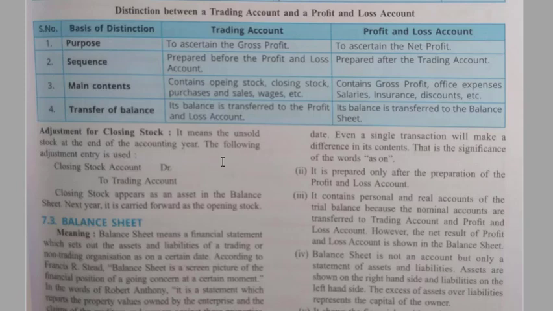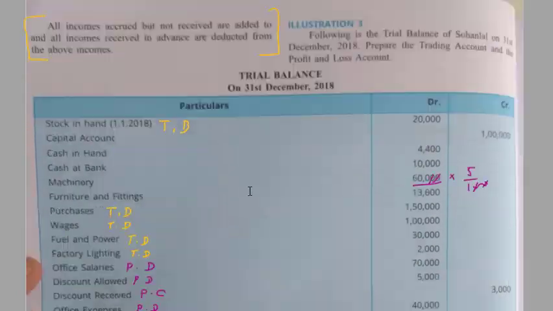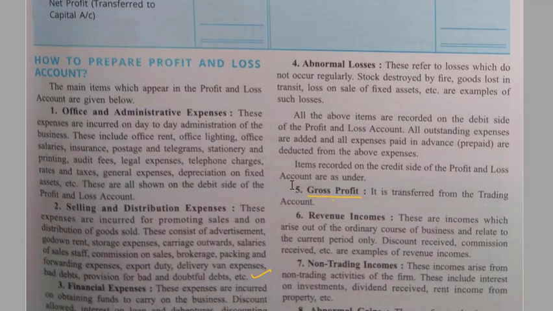Closing stock appears as an asset in the balance sheet, and in your balance sheet this closing stock you will include on the asset side. Next year it is carried forward as the opening stock, and we know that this closing stock is the opening stock for the next year. Okay, so today we have understood what is profit and loss account.